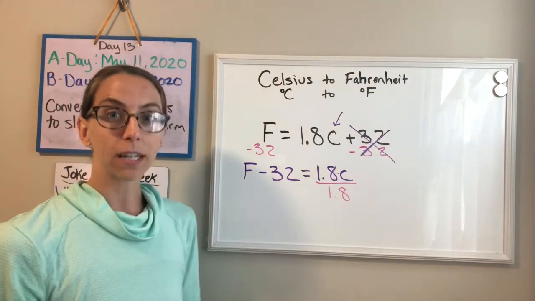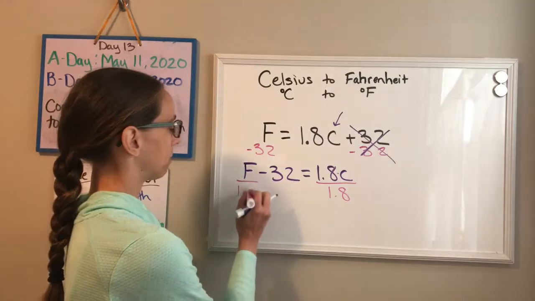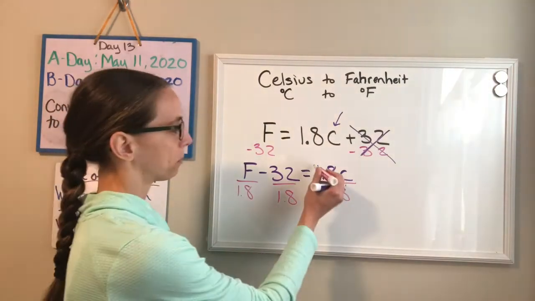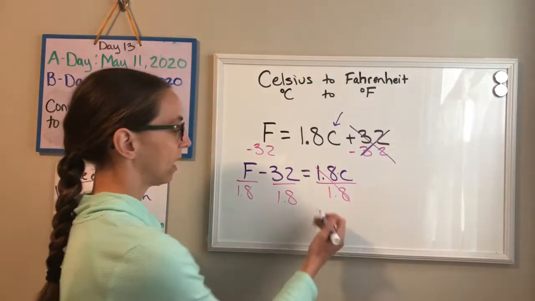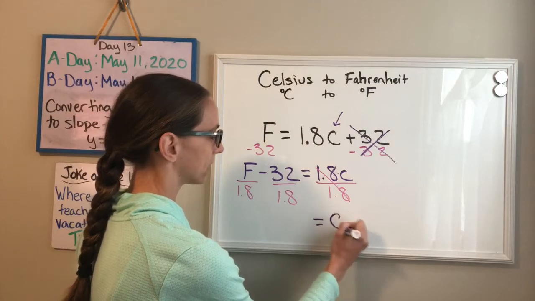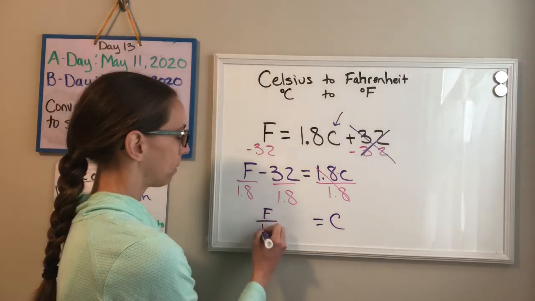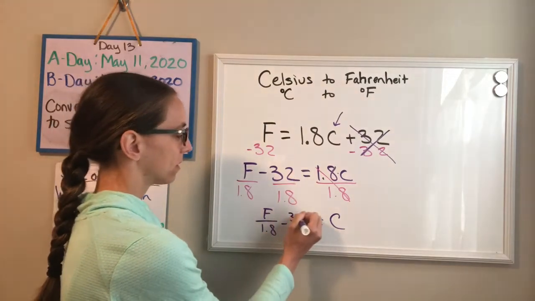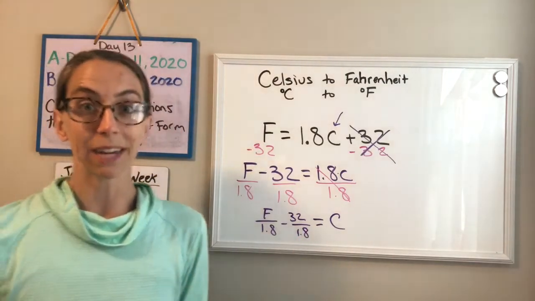So every single term in this equation has to be divided by 1.8 to keep it balanced. So my 1.8s cancel out on my right side, since those are inverse operations, and I'm actually going to leave this as a fraction. So we're going to leave it as F divided by 1.8 minus 32 divided by 1.8. So we can leave it just like that for now.